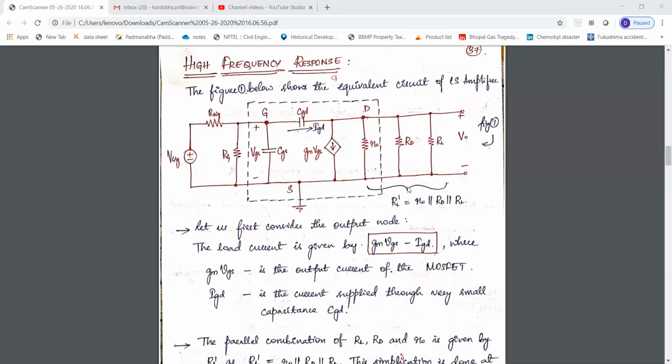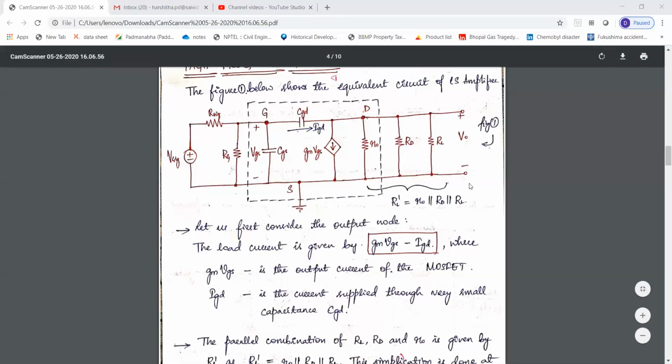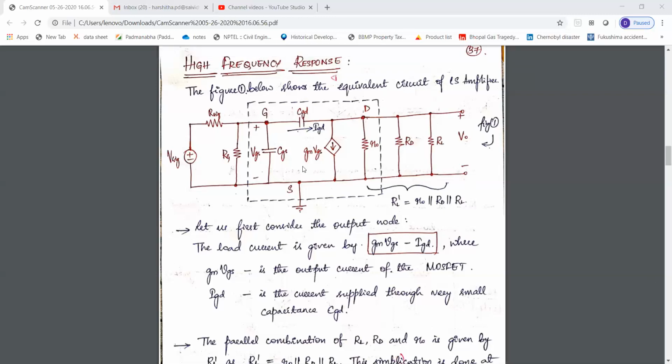So this is about the equivalent circuit of the CS amplifier. Next, let us look into the output side here. The load current is given by gm into VGS minus ID. This gm into VGS is nothing but the output current of the MOSFET, what we are getting out from the MOSFET.